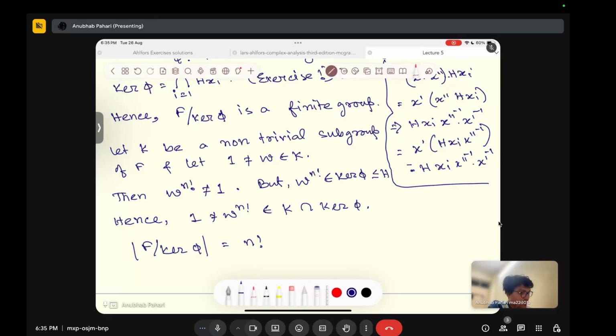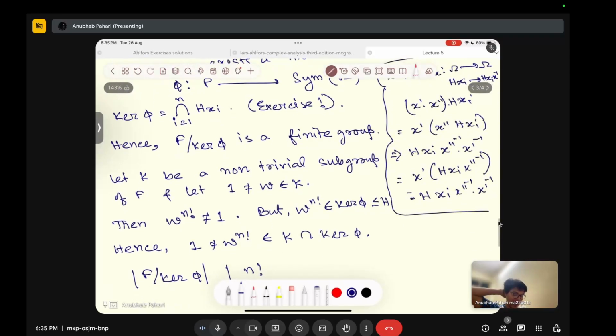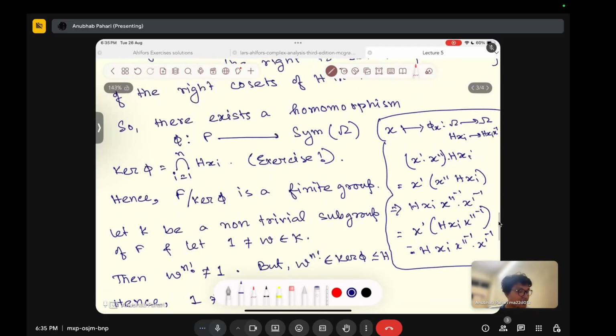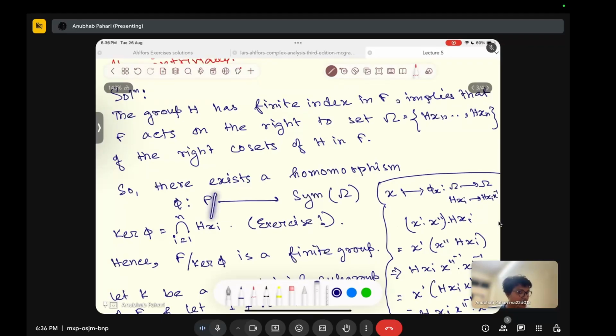In the last part, you were explaining why W to the power n factorial belongs to kernel phi. I am explaining that only, but first I am stating a fact that from this map, you notice that the symmetric group has order n factorial, right? Because it has n elements. Yes, I know that. Now F by kernel phi is a subgroup of this, right?